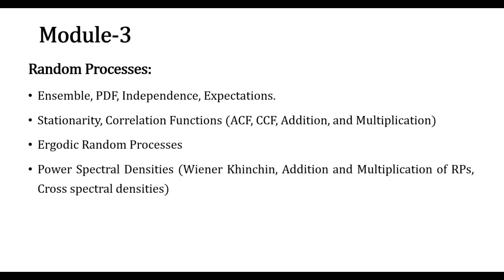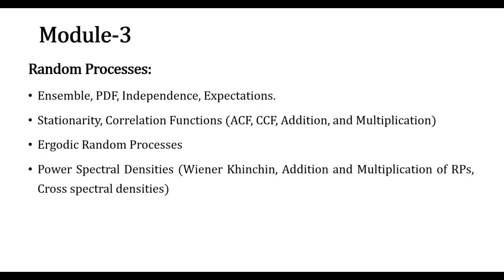After the discussion of module number 2, we'll go ahead to the random process. So PDF, independence, and expectations will be studied. Stationarity, correlation functions like ACF and CCF, addition and multiplication will be studied. What do we mean by an ergodic random process? Specifically, we will see the meaning of an ergodic random process.